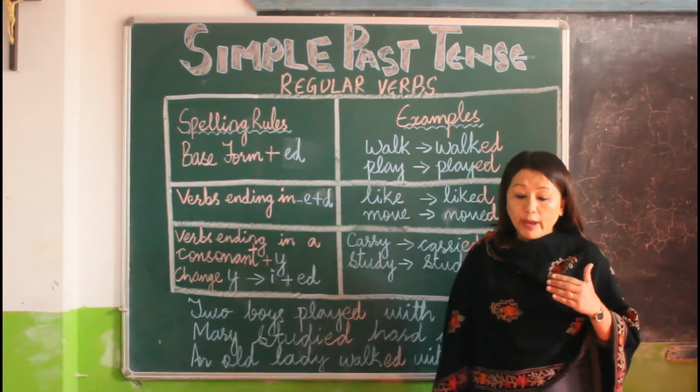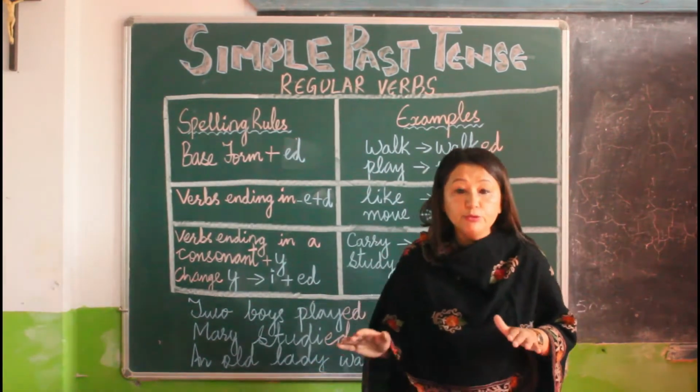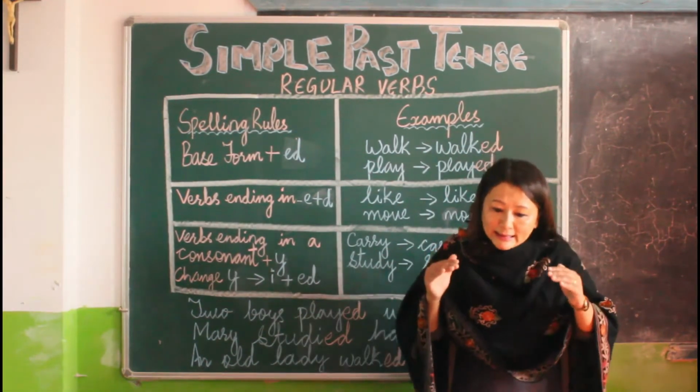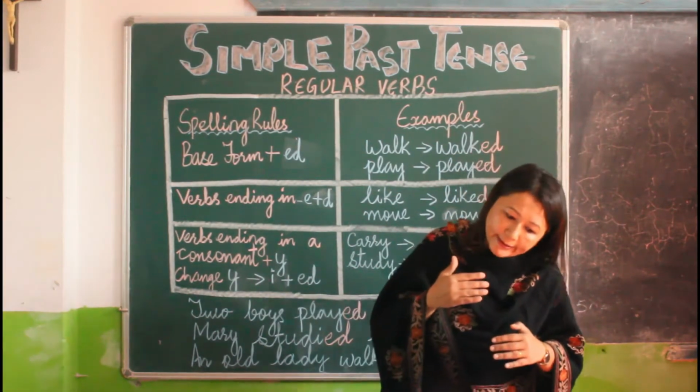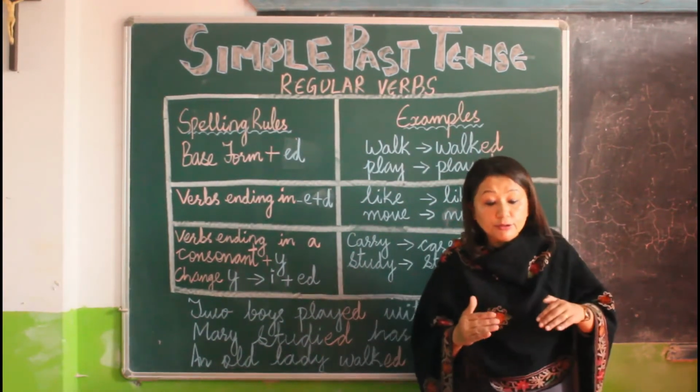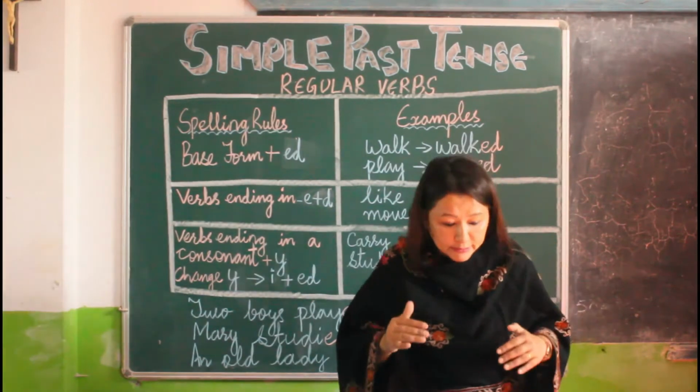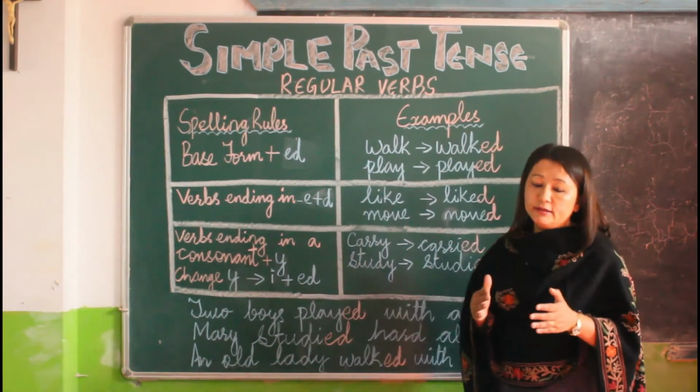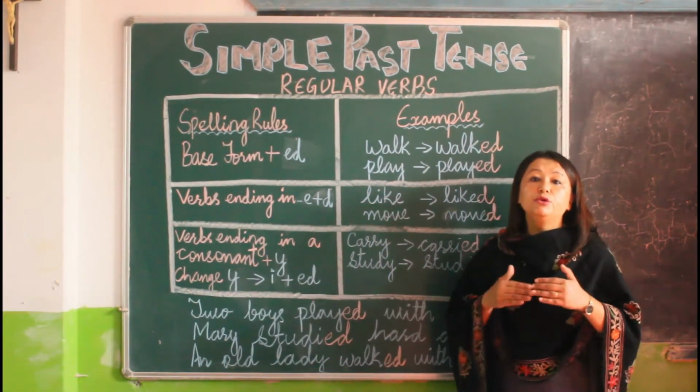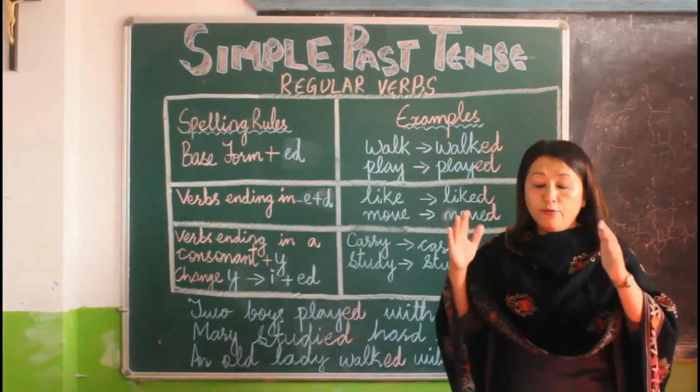So, when you want to use simple past tense to explain an action that happened in the past, you need to change the verb.